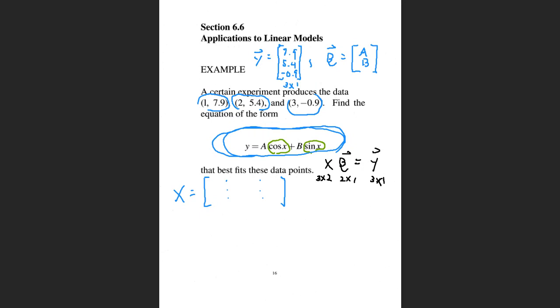The first row would have to be what? Well, we have cosine X and sine of X. So we have cosine of 1 and sine of 1, right?